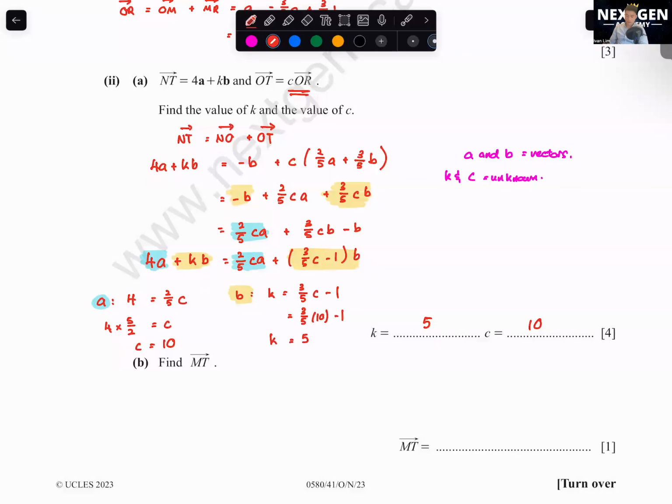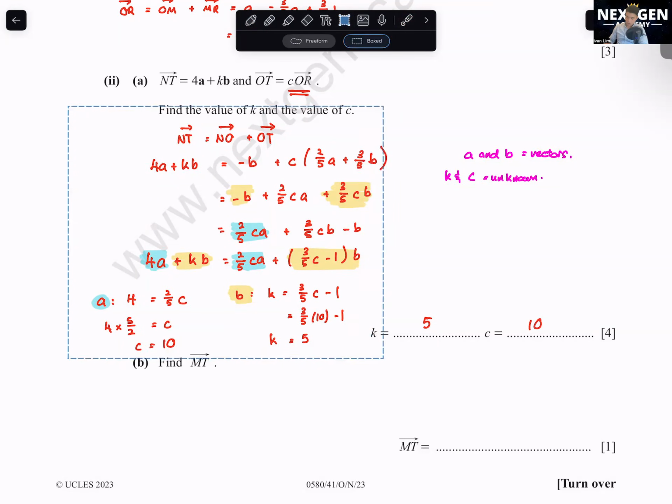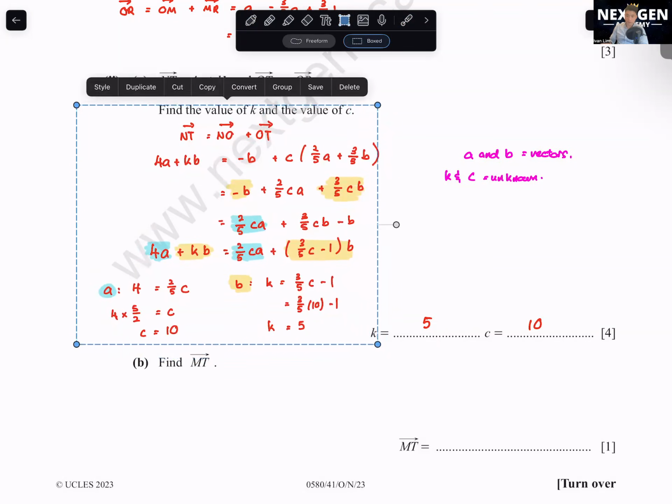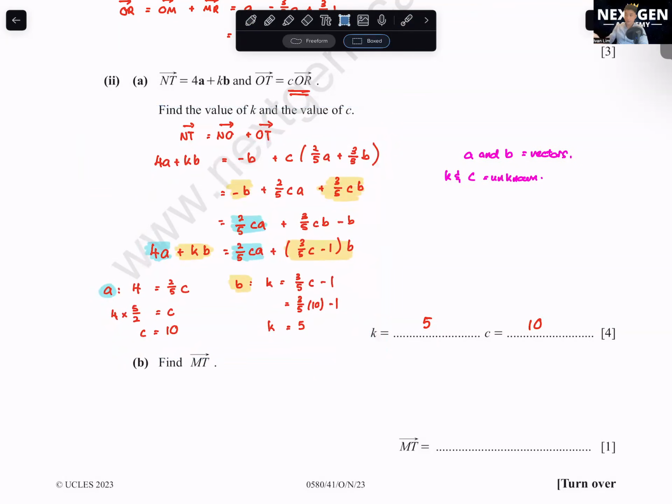How do we know that we can just solve it separately like this? It's the type of equation. Because there's no other way that you can solve it. You only got one equation, but you got two unknowns. So you need to compare. You cannot do any sort of simultaneous equation. If you do enough questions in the past year paper, you will observe this kind of pattern.